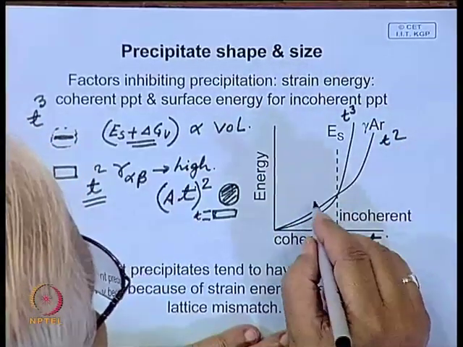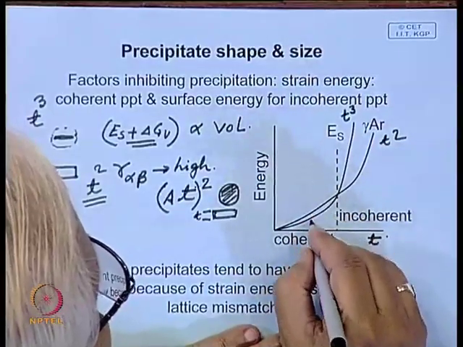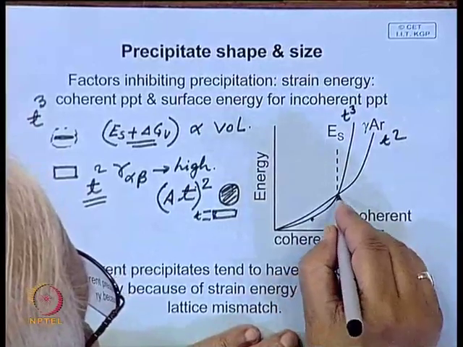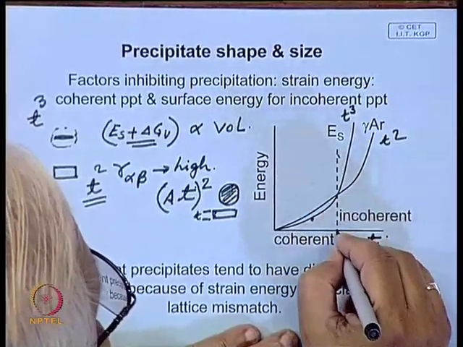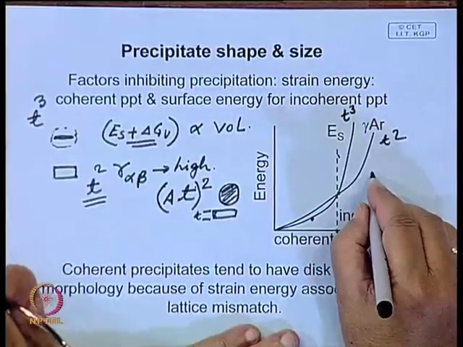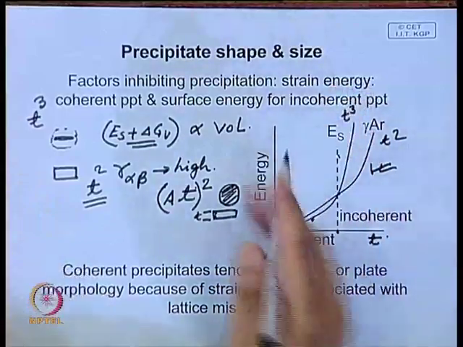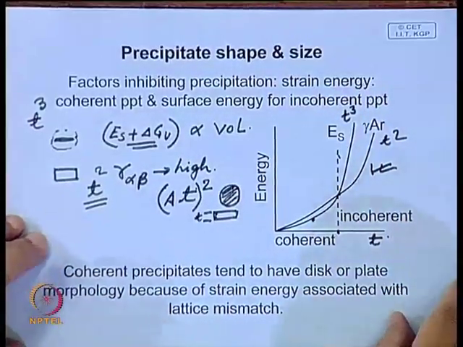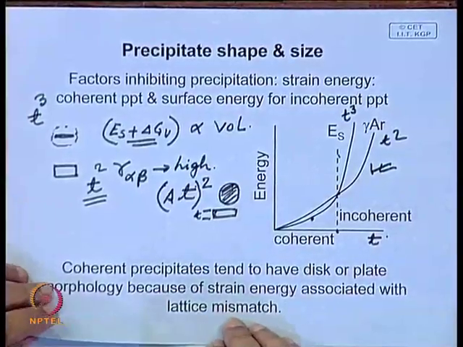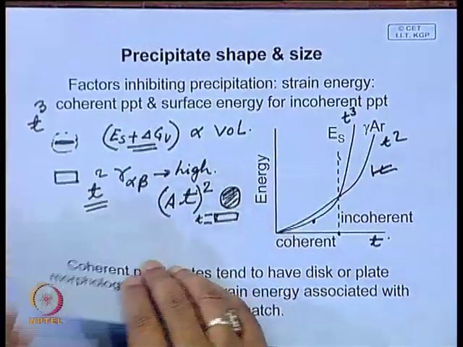Because T dimension is quite small, initially the preferred precipitate will be coherent, but when it grows and crosses this critical point, the incoherent precipitate will be more preferred. So, there is a critical dimension: as the precipitate tries to grow, the lattice mismatch will increase, and finally it will be replaced by an incoherent precipitate.